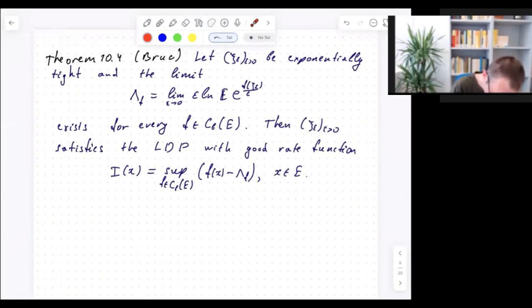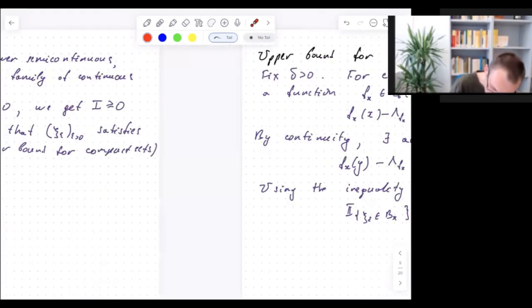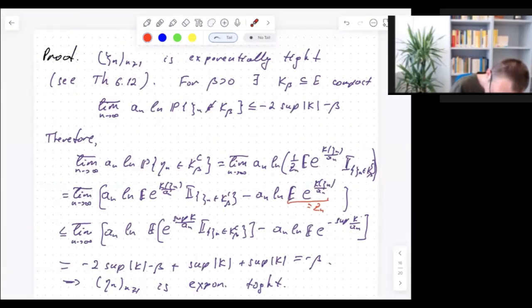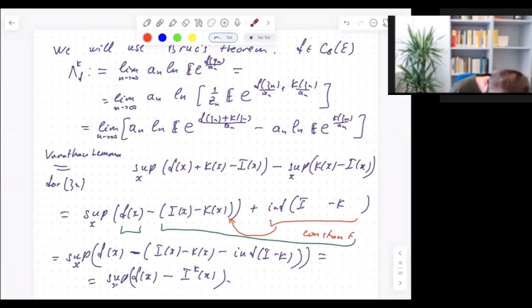You see that in the Gärtner-Ellis theorem, the rate function is defined by this type of transformation. So you need to show that taking this lambda that we computed for the random variables eta n and putting it in here, you will get exactly the rate function I that coincides with this function that you obtained.